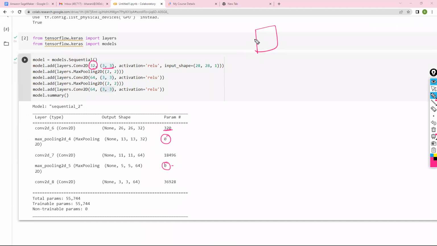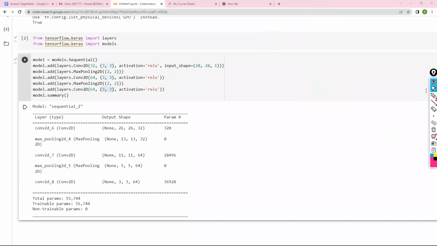If you have 3 by 3, then you'll have 9. If you have your input layer, which has 784 neurons, because even if you multiply these numbers, 28 by 28 by 1, you get 784. You're connecting those to 9 plus 1 bias. 1 bias also would be there. So 9 plus 1 is 10. 10 into 32 will be 320. So that is how the number of parameters are given to you.